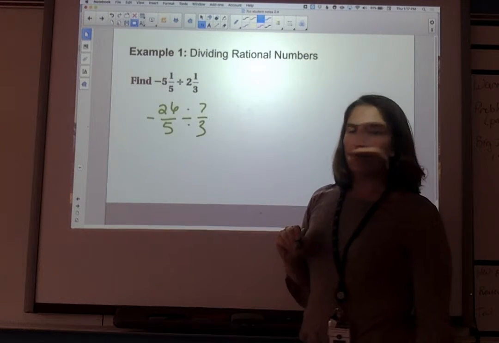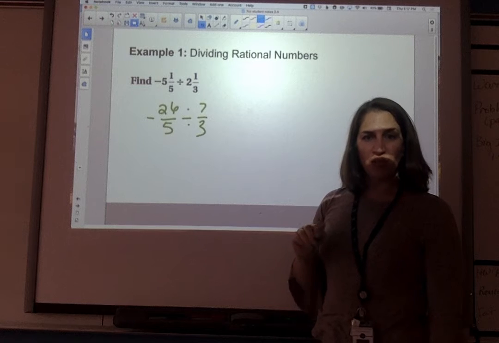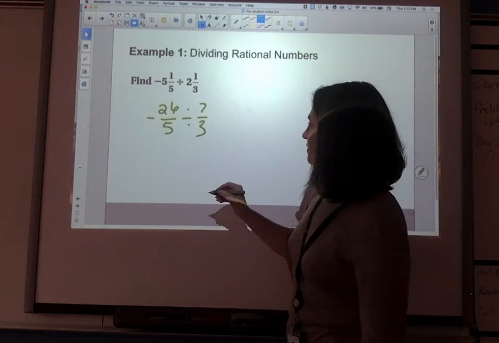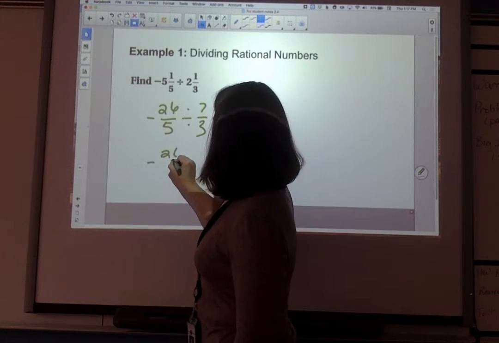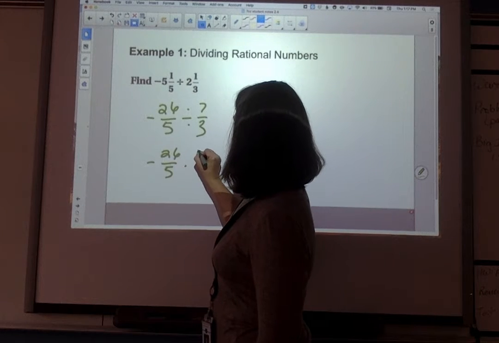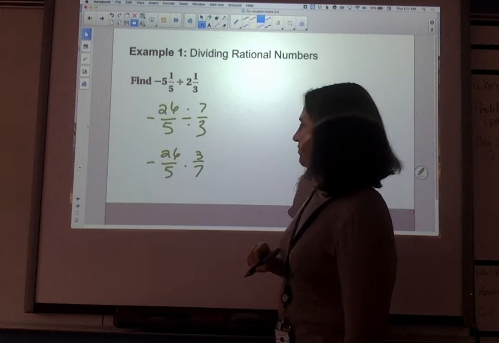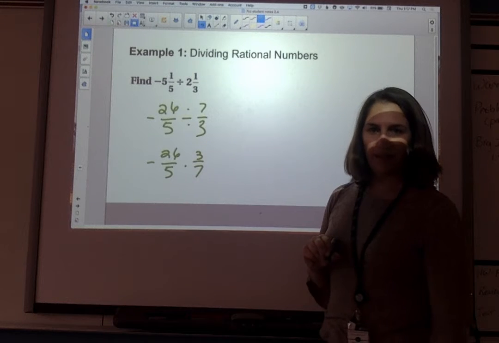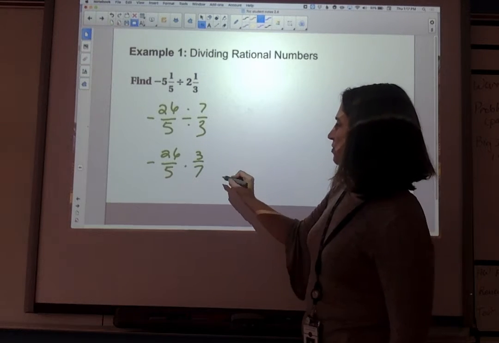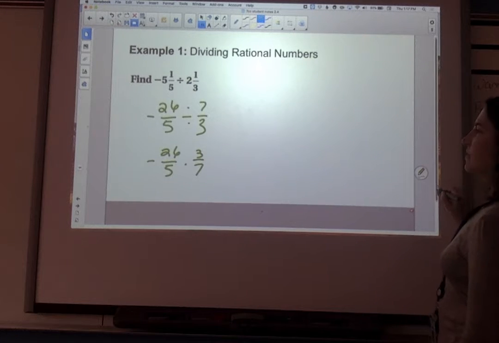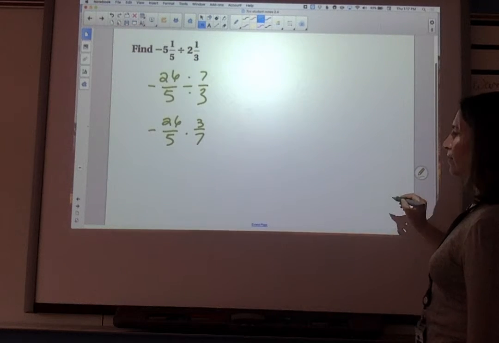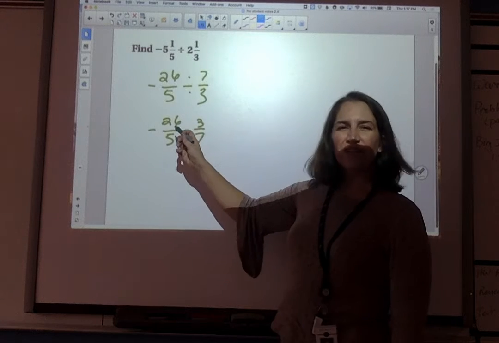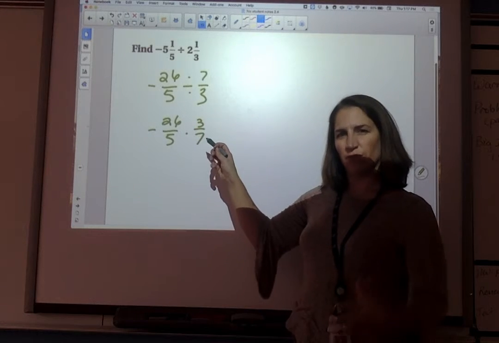Okay, now we can go ahead and rewrite it as a multiplication problem. Multiply by the reciprocal of 7 thirds. So negative 26 fifths times 3 sevenths. All right, it doesn't look like we can simplify this one at all, so we're going to need to just multiply. Okay, so let's see, 25 times 3 would be 75 if we think about quarters.